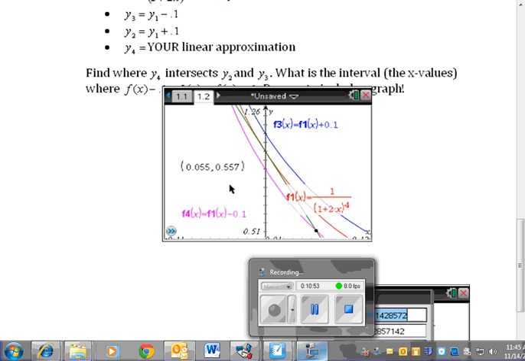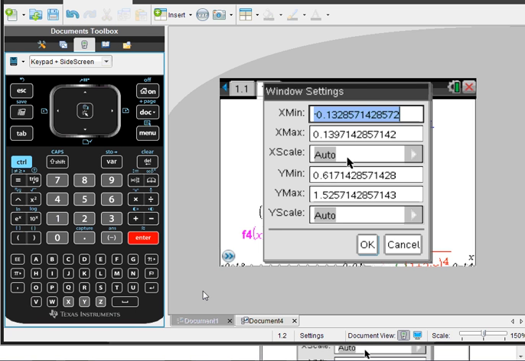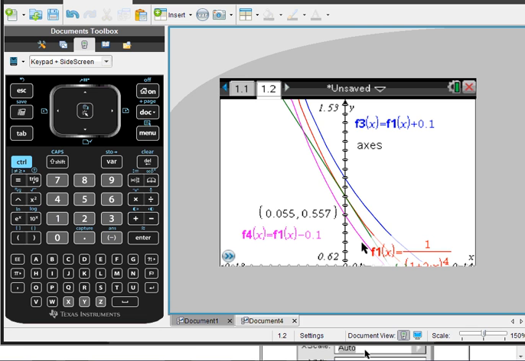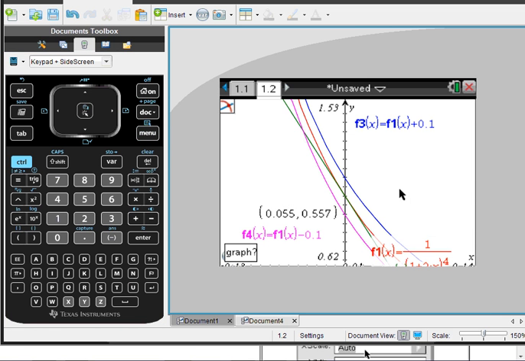Okay, let's find this intersection point. And I'm going to do it on the computer because I should figure out how to do it on the smart board. Analyze Graph, Intersection. And this is the nice thing about this: you have to click the two graphs. And there it is.